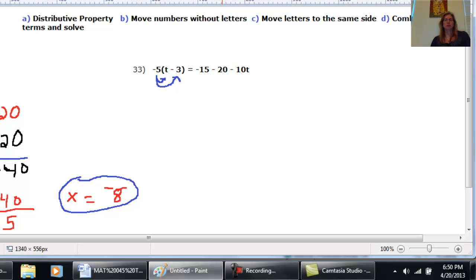That's a weird idea, but you'll get used to it as you continue to watch me and other teachers do it that way. So you have negative 5 times the t, so that's a negative 5t. Negative 5 times a negative 3, this is 15, but here negative times a negative is a positive, so that becomes plus 15.